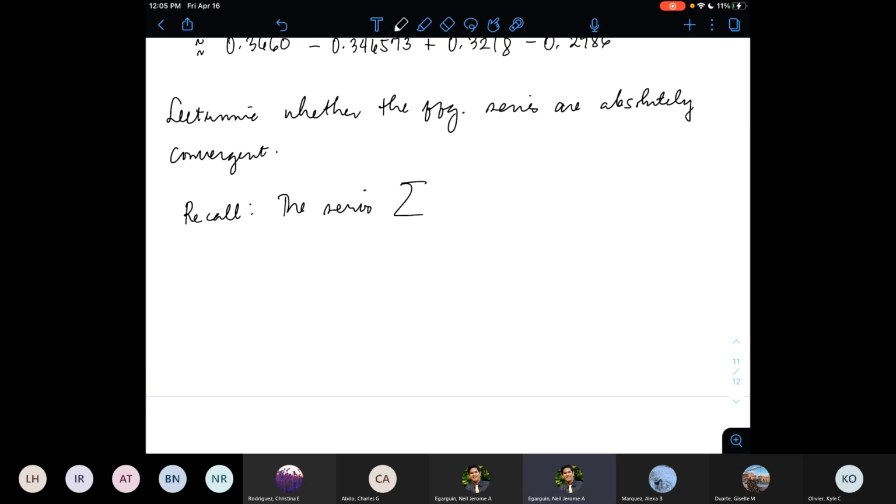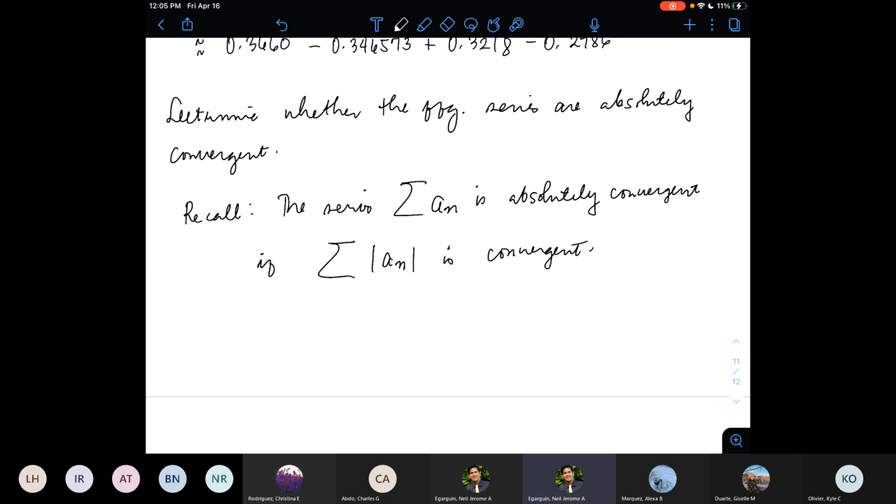The series summation of a_n is absolutely convergent if the series with the absolute value is convergent. This is what is meant by being absolutely convergent: the series obtained by putting the terms inside absolute value bars is convergent.